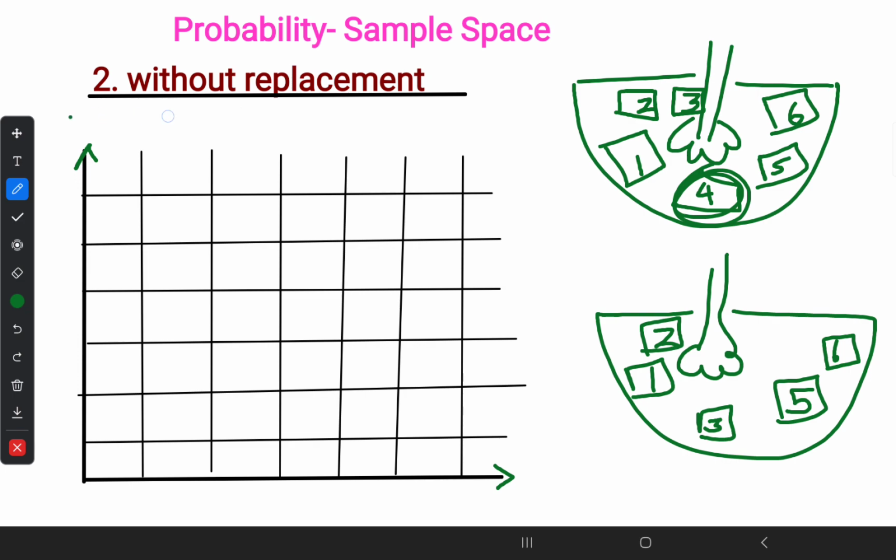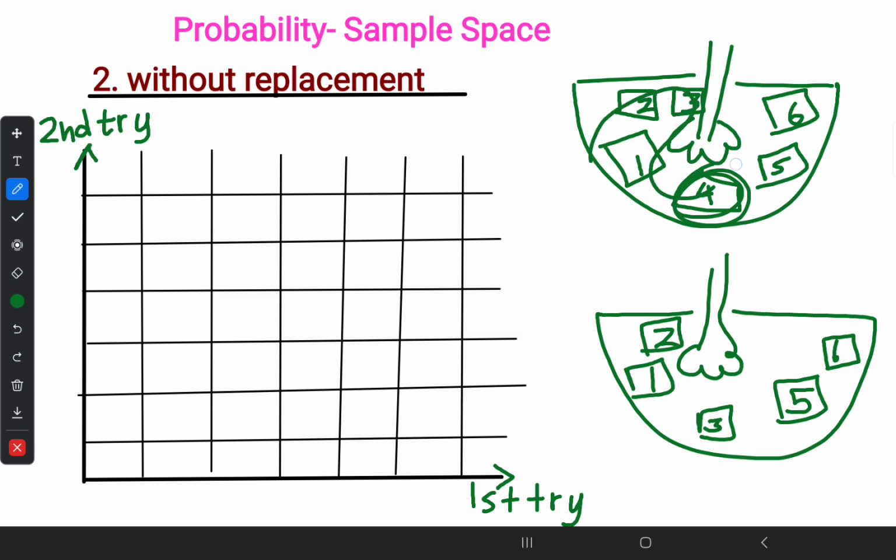In these cases, we will draw the sample space. This is our first try. The first try should be denoted on the x-axis, and on the horizontal axis, the second try. We don't know whether we selected number 4 or 1 or 5 or 6.